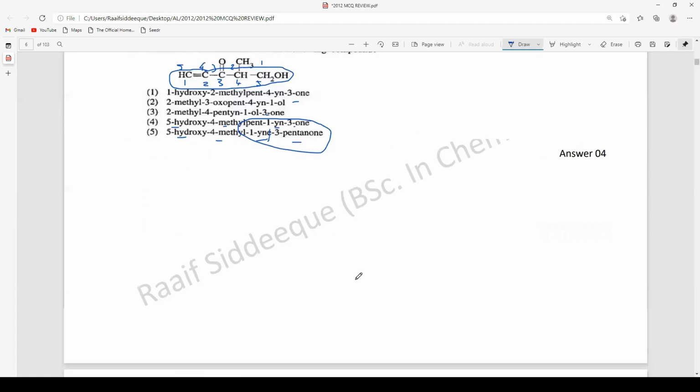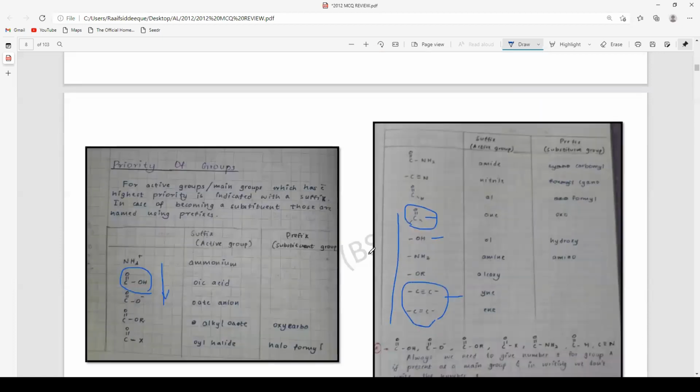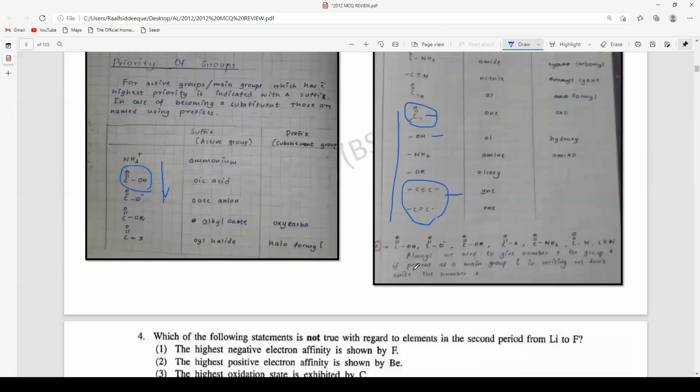So in principle, these are the rules that you should maintain, and these are the priority assignments that you should know. Other than that, I told you in the previous class, check the groups where you always give number 1.